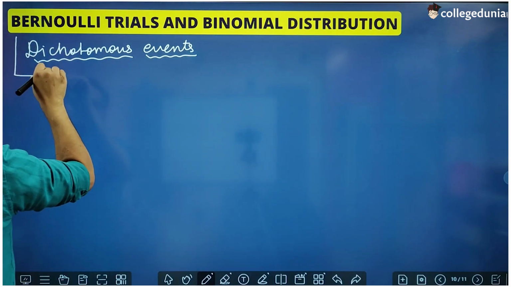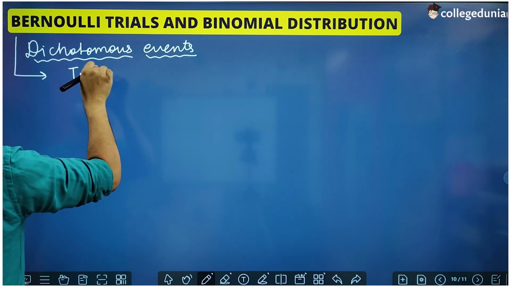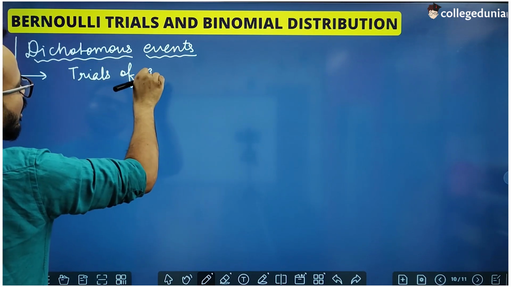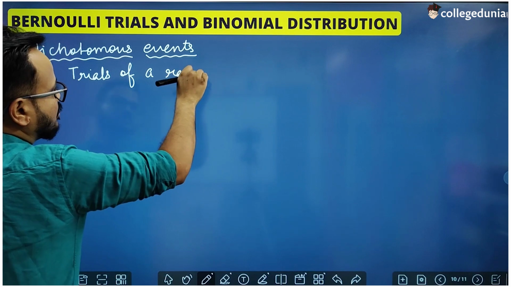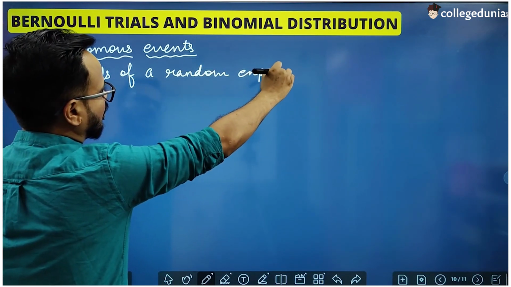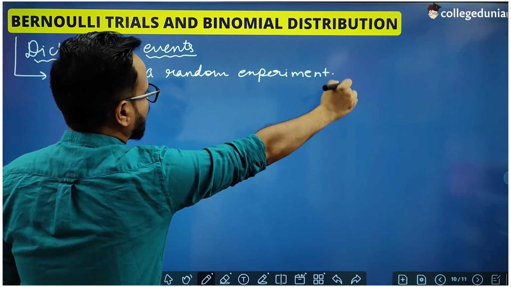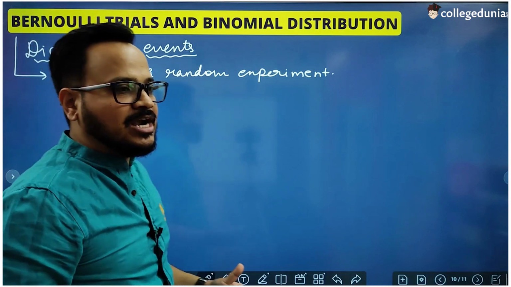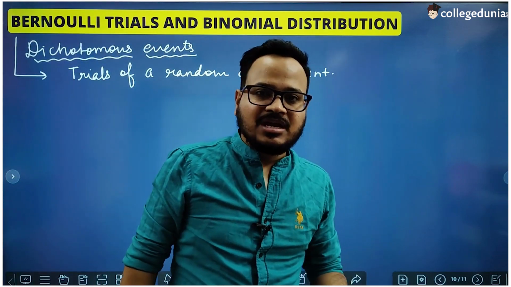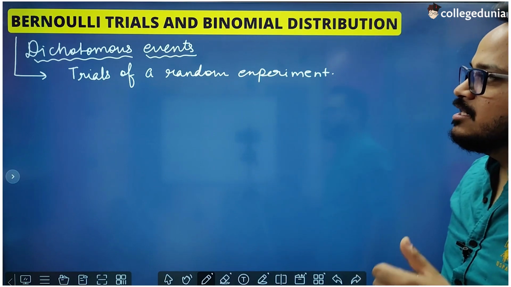Bernoulli's trials is simply the trials of a random experiment. When we say trials of a random experiment, we mean the number of times some experiment is being repeated.